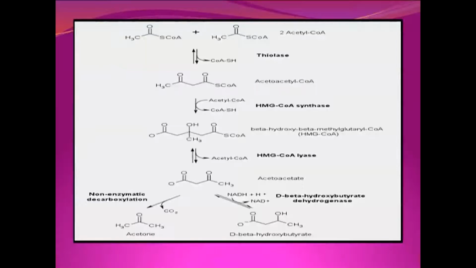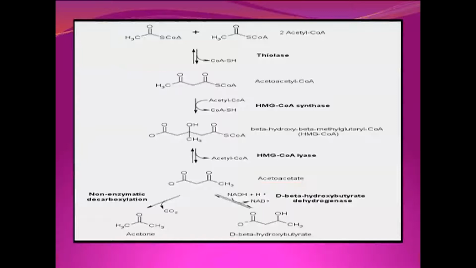This acetoacetyl-CoA will then undergo reaction with acetyl-CoA with the help of the enzyme hydroxymethylglutaryl-CoA synthase or HMG-CoA synthase to yield hydroxymethylglutaryl-CoA. This hydroxymethylglutaryl-CoA or HMG-CoA is then lysed by the help of the HMG-CoA lyase to yield acetoacetate, the first ketone body in this pathway.